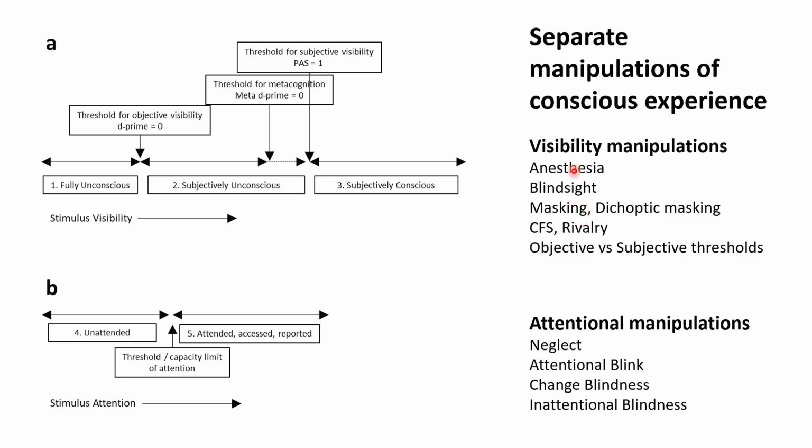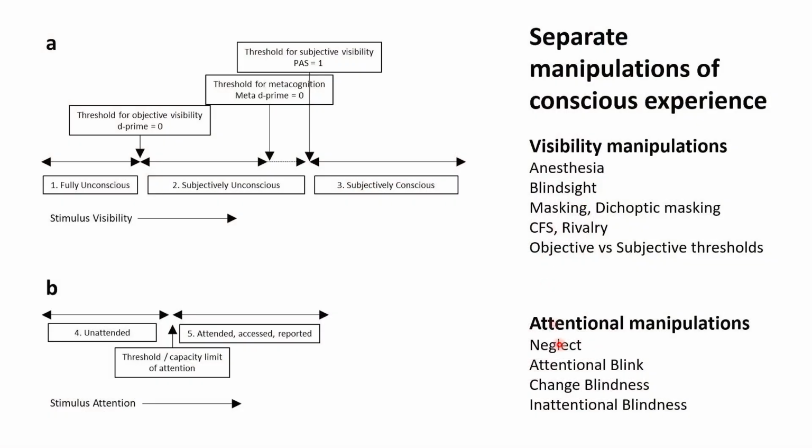These are all things which make things invisible in the sense that even if you sit in front of a monitor with the stimulus presented, but it's sufficiently masked, or in dichoptic masking or any other successful manipulation of visibility, it's just impossible for you to know what's out there.